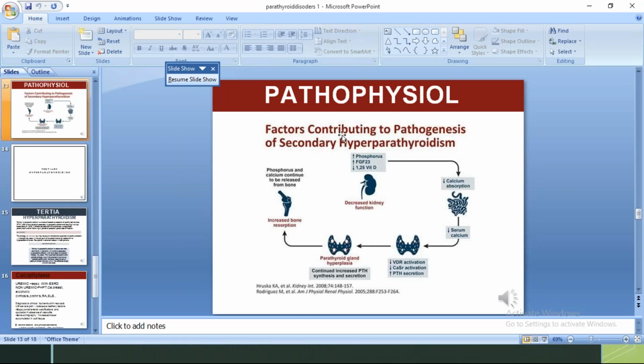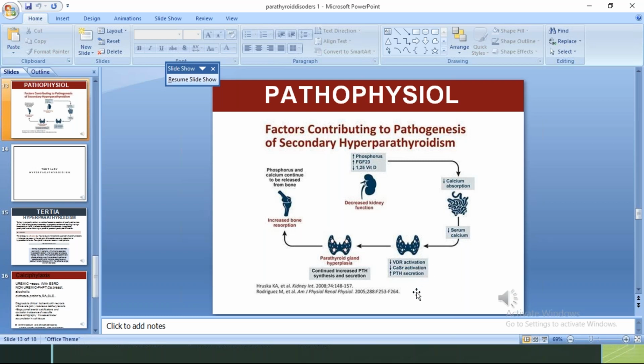So the factors contributing to the pathogenesis include phosphorus and calcium. Increased phosphorus and fibroblast growth factor 23, and impaired 1 alpha hydroxylation of vitamin D lead to decreased calcium absorption. So decreased calcium absorption leads to decreased serum calcium, hypocalcemia, which senses decreased vitamin D receptor activation and calcium sensing receptor activation.